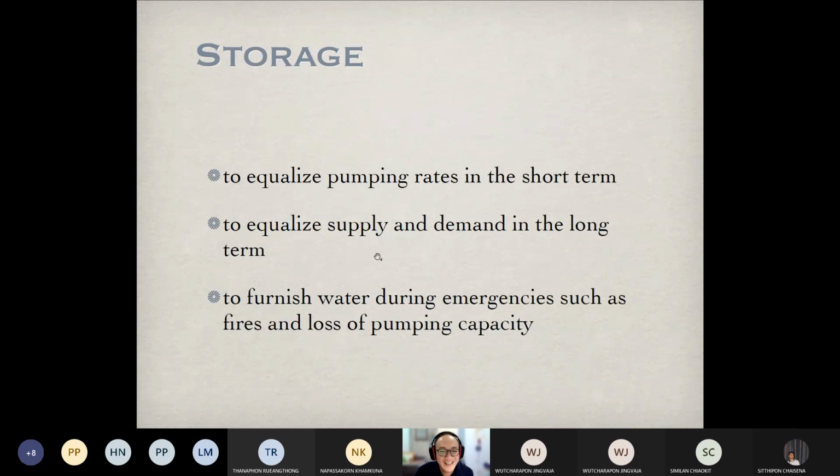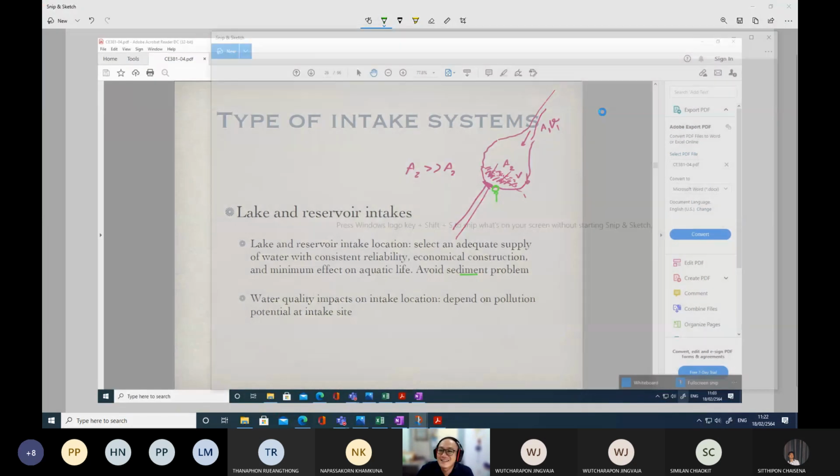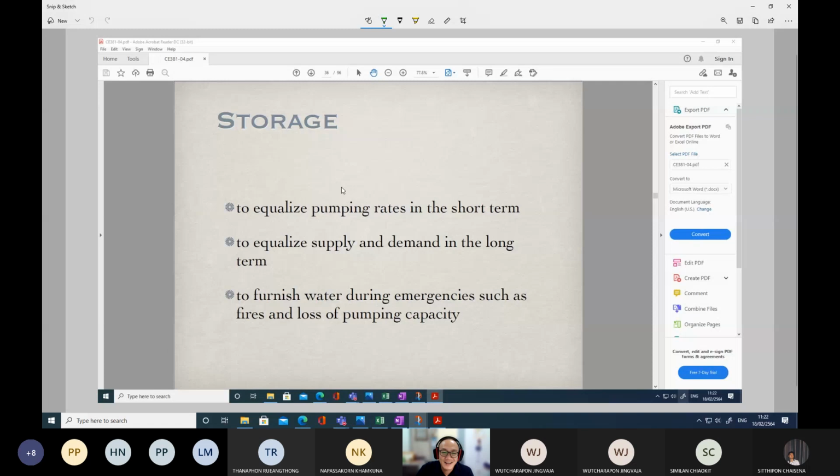The storage is the thing that we use. For example, we may use it like this. If you look back into the first chapter, you will find some flow diagrams containing the storage.